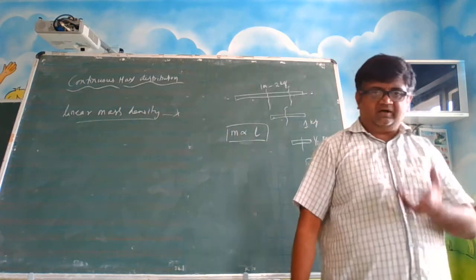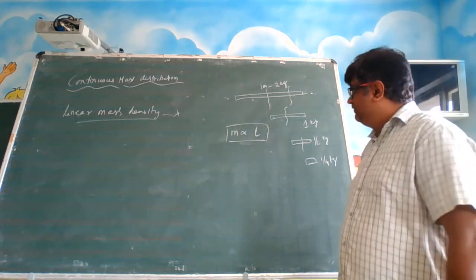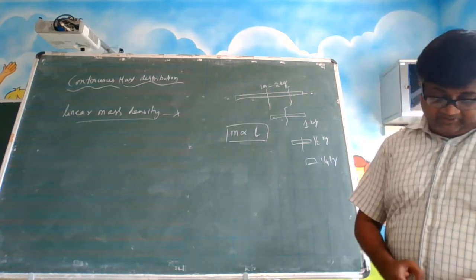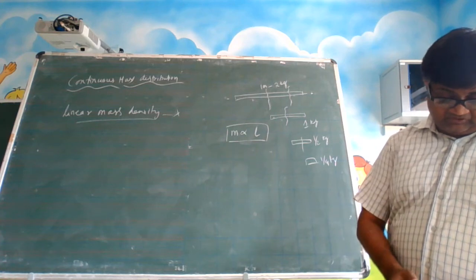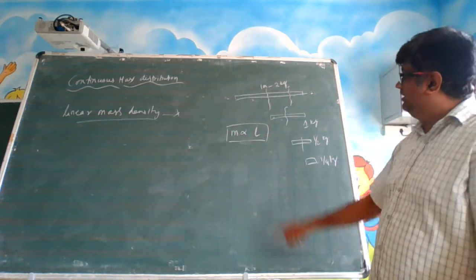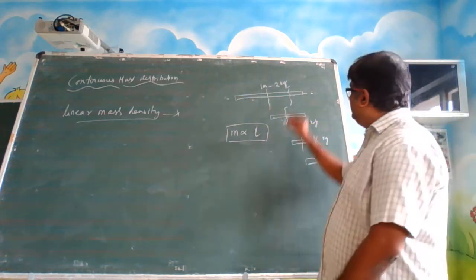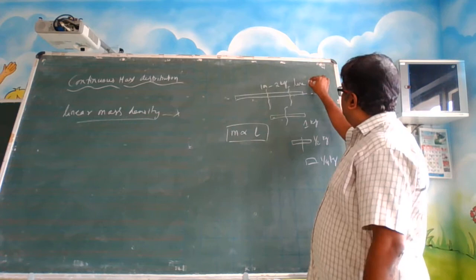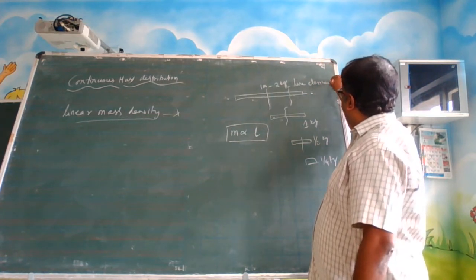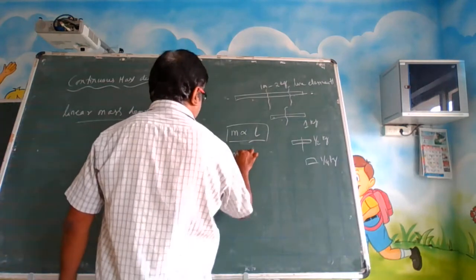Can we say that this mass is proportional to length when you are talking about line elements? So this mass must be equal to some constant times length.